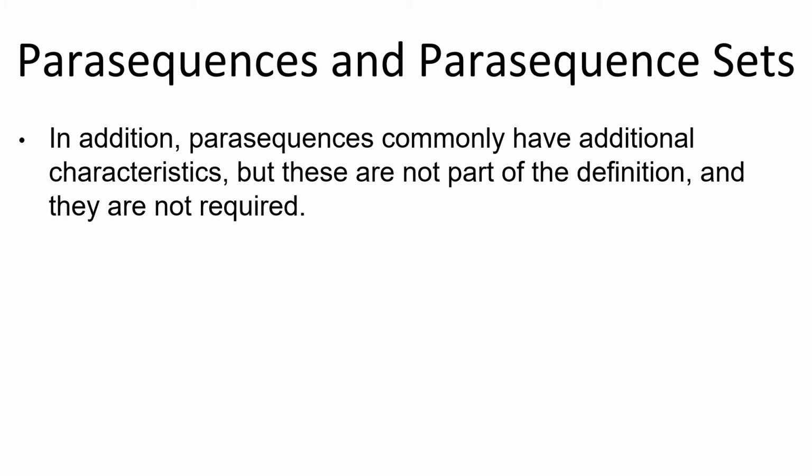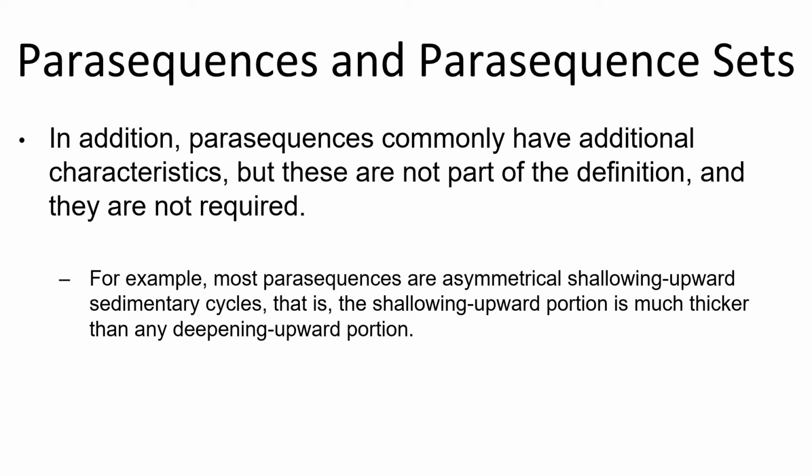These usually have some additional characteristics, not part of the definition, not really required, but I want to go through some of the examples that you might see. Most parasequences are going to be asymmetrical in shallowing upward cycles. In other words, you're not going to see a fining upward, then a coarsening upward, a full thing, because you are going to have changes in how much sediment is being stacked.